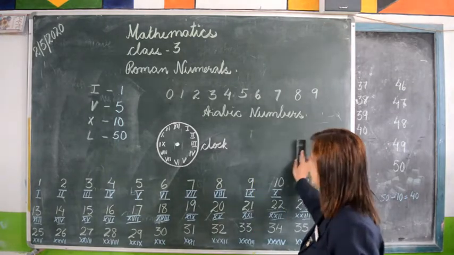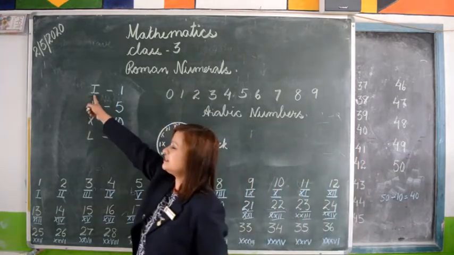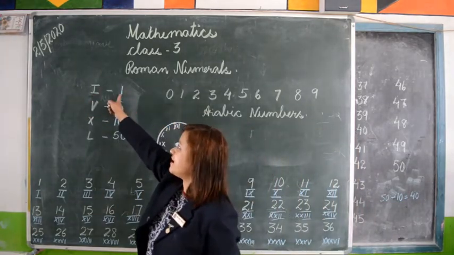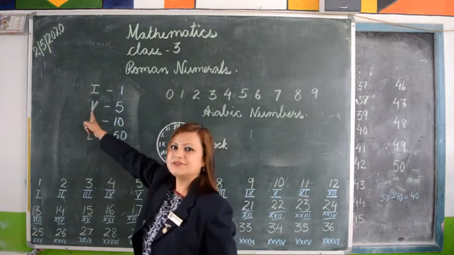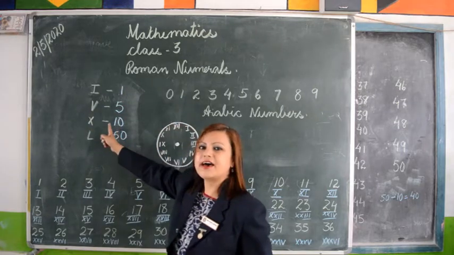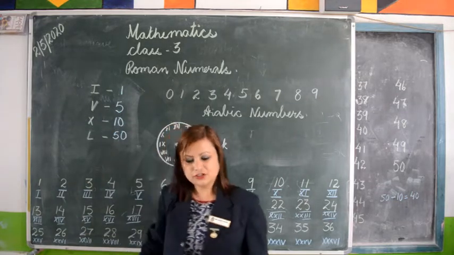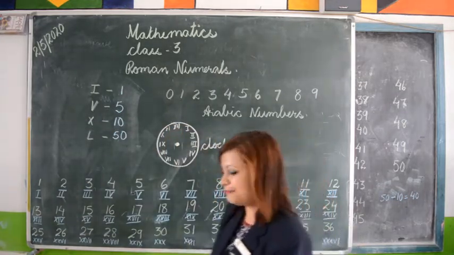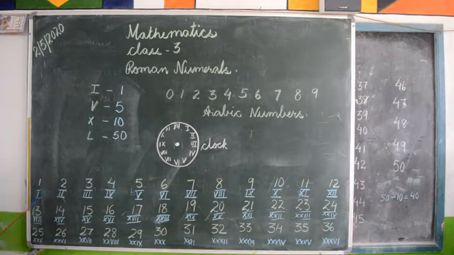Now children, look at this. 1 we write as I. 5 we write V. 10 we write X and 50 we write L. Now look at the board, I have written the Roman numerals here. 1 is I, 2 is two I's, 3 is three I's.